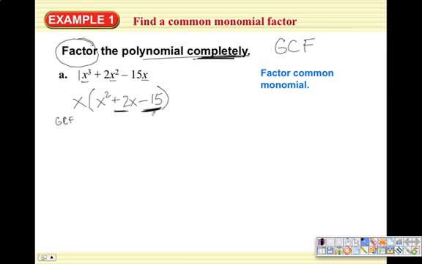So what would those two factors be? Well, that would be positive 5 and negative 3. So positive 5 and negative 3 multiply to get negative 15, and they add to get positive 2. But don't forget about your GCF out front. This here is factored completely into 3 factors. 1, 2, 3.